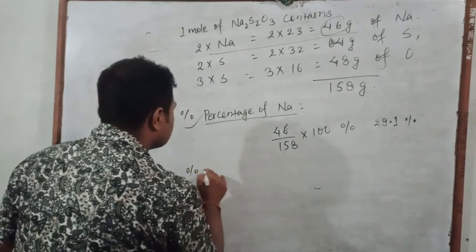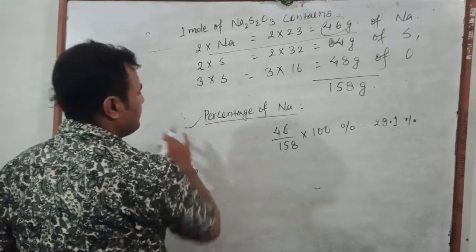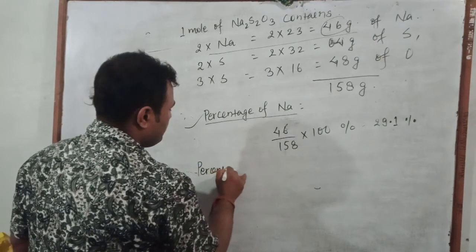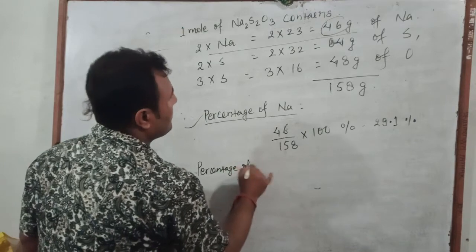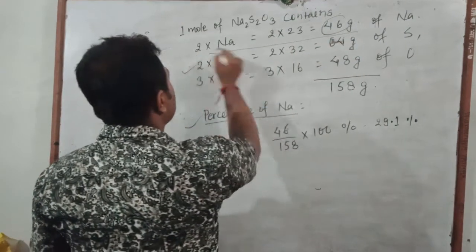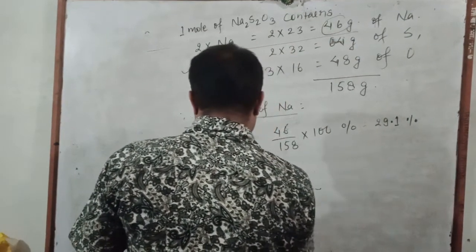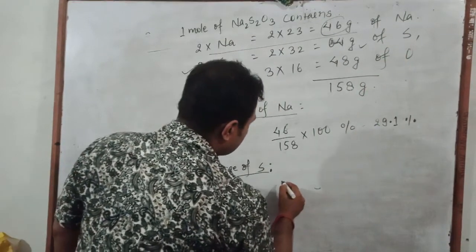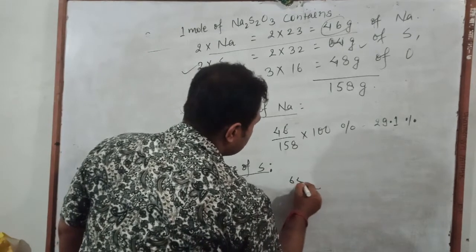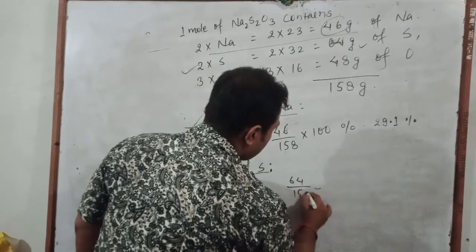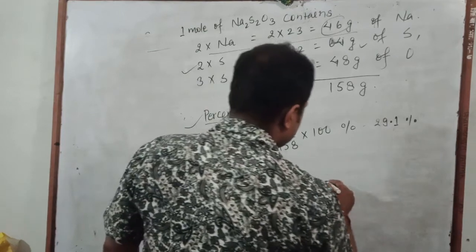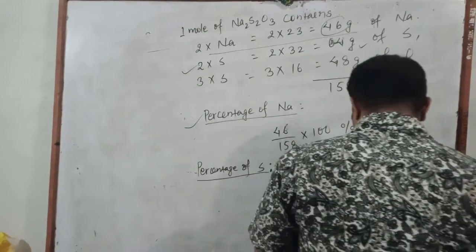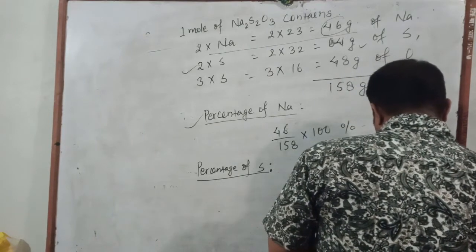Similarly, next is sulfur. The mass of sulfur present is 64, so 64 divided by 158 into 100%. When we solve it, we get 40.5%.